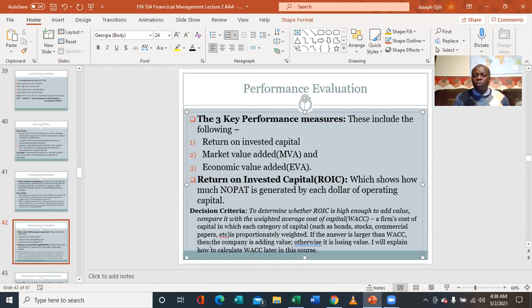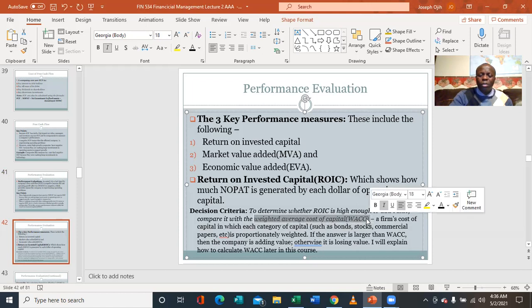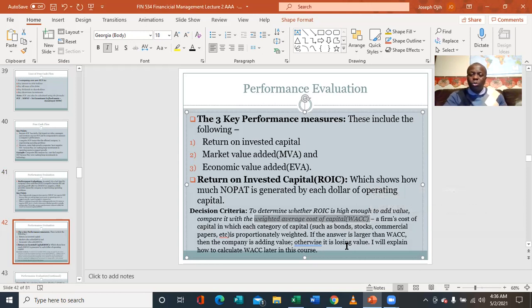Well, first of all, what we do is to compare it with what we call weighted average cost of capital. We're going to discuss that eventually, but I want to show you briefly what it means.